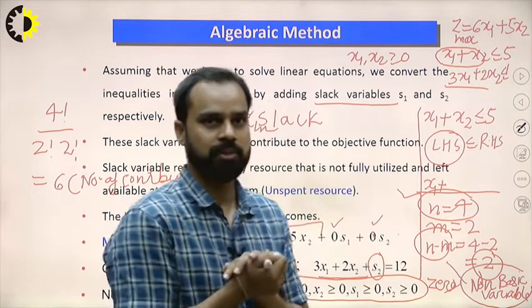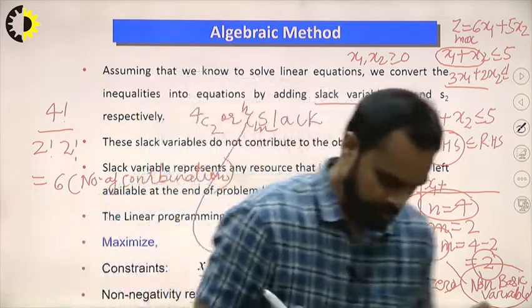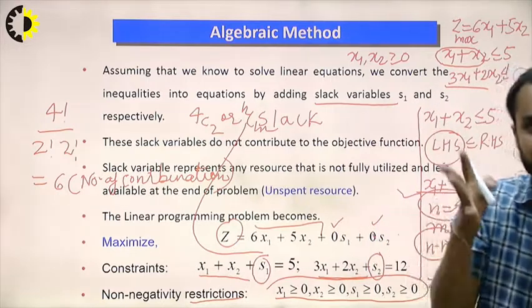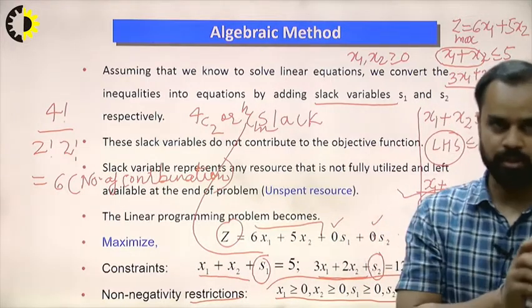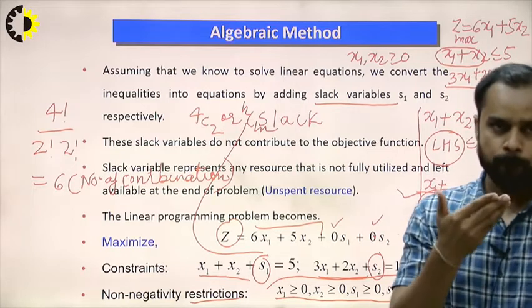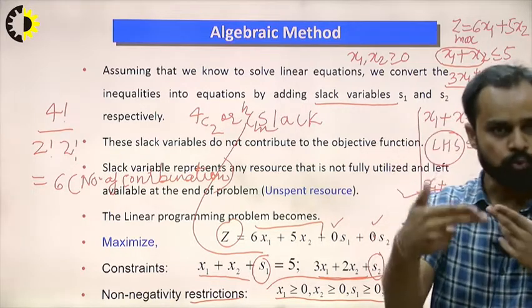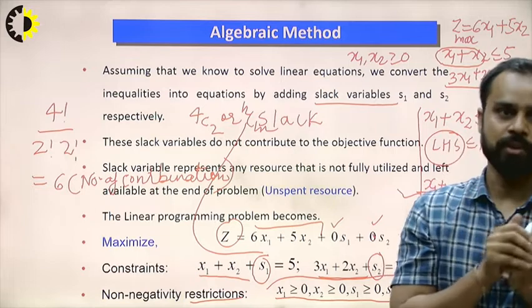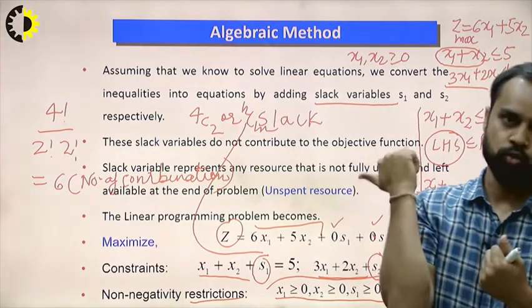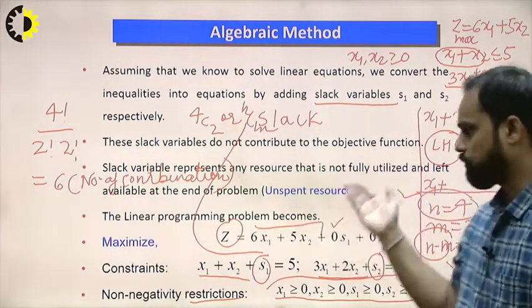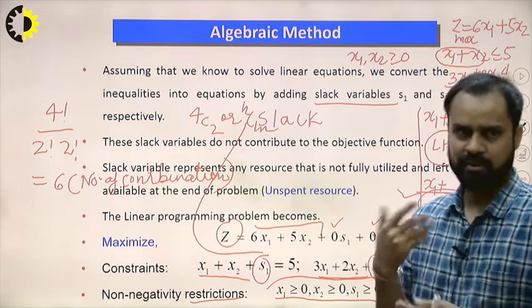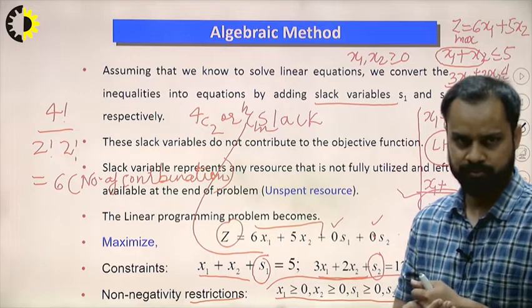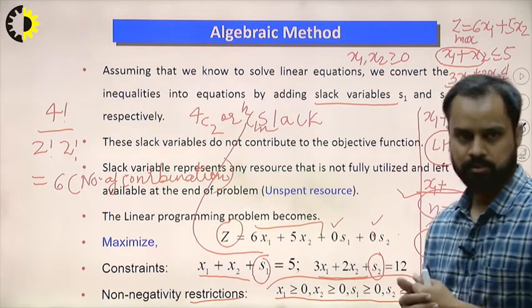Now we will solve this problem with the help of the algebraic method. We can easily understand there are 6 possible combinations by which we can solve this algebraic problem. How? We consider at a time 2 variables as non-basic, means 0 value, because this problem belongs to the 4 variable problems. If 2 variables are 0, we can easily calculate the 2 other values, because we have 2 equations as well.